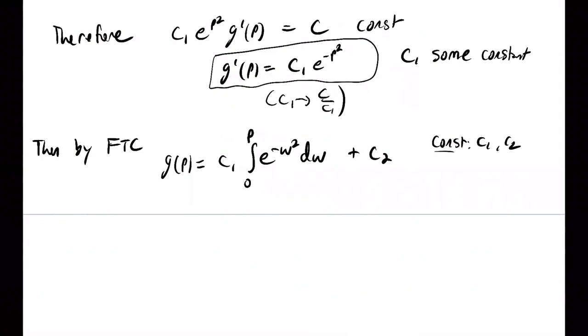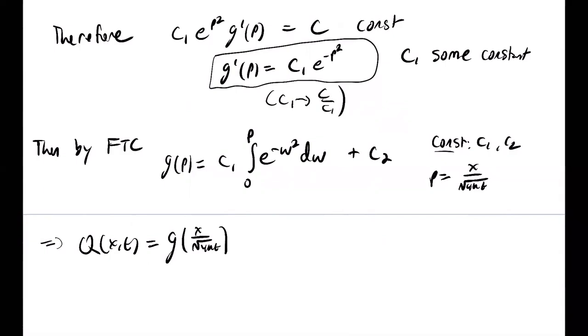So those are constants. And so at this point, I'm going to plug in, let's remember what p should be. p should be x divided by the square root of 4kt. And so if I plug this in, this tells me that q of x comma t, which is this function we were looking for, we said this was g evaluated at x over the square root of 4kt.